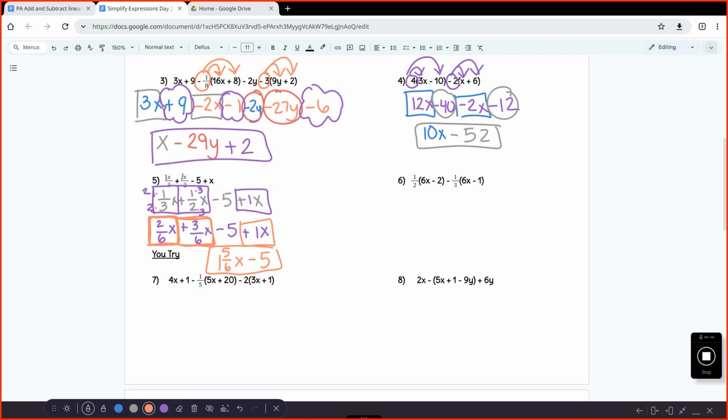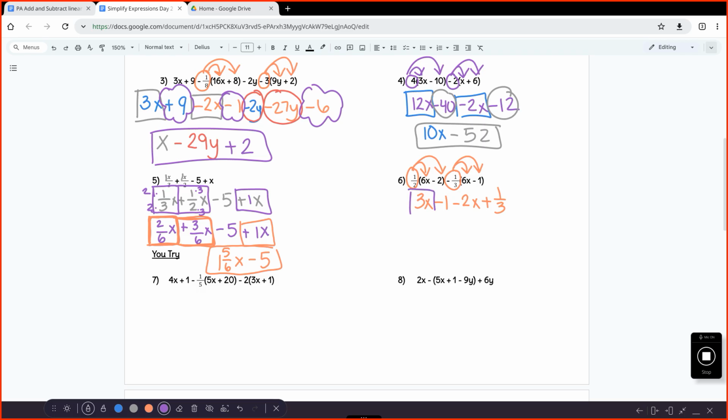All right, and number 6, 1/2 times 6x, that's 3x. Half of negative 2 is negative 1. Negative 1/3 of 6x is negative 2x. And then negative 1/3 times negative 1 will get you a positive 1/3. All right, now we can combine our like terms.